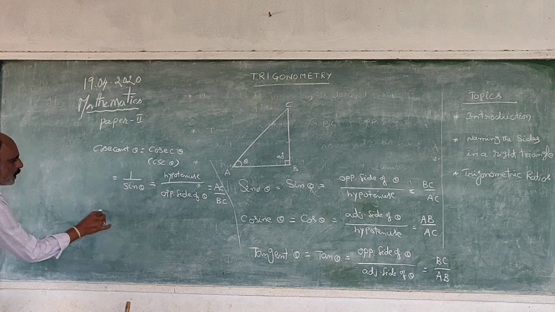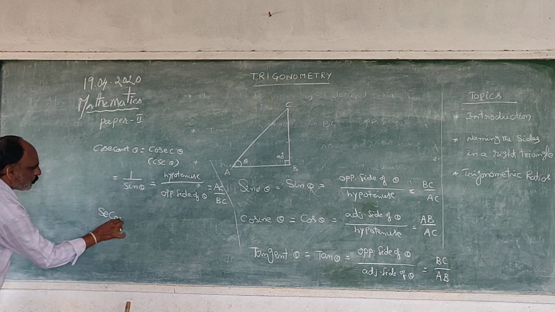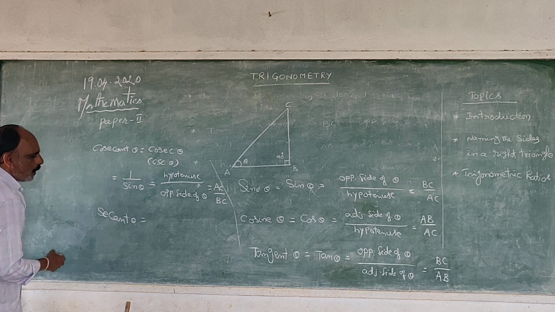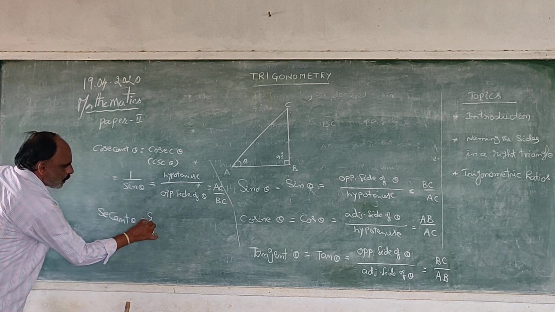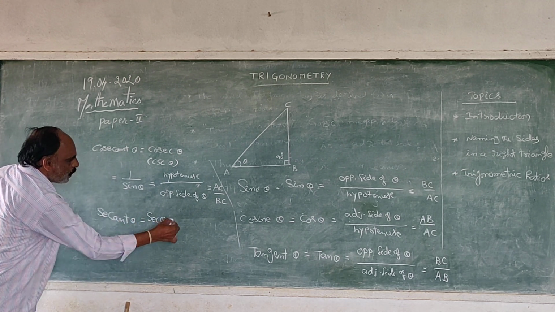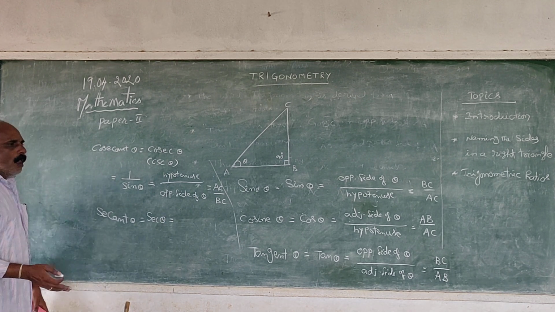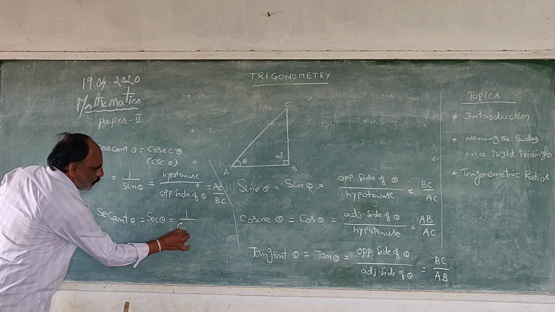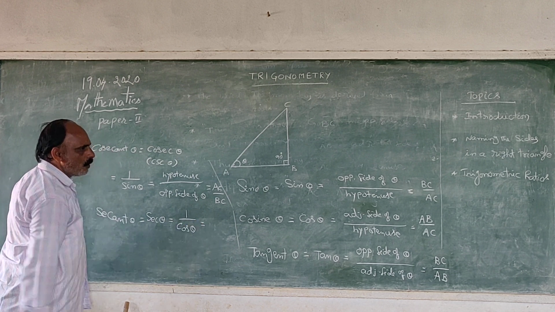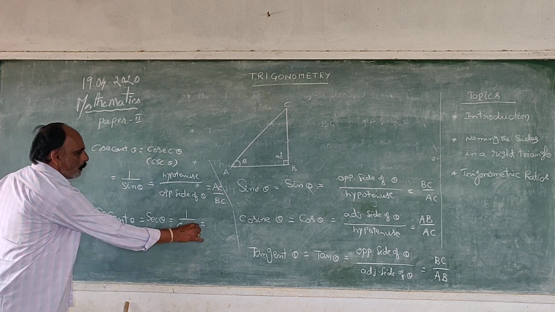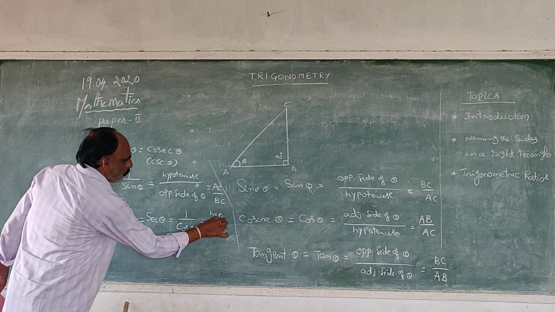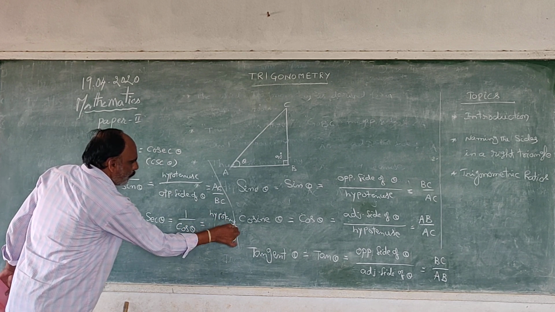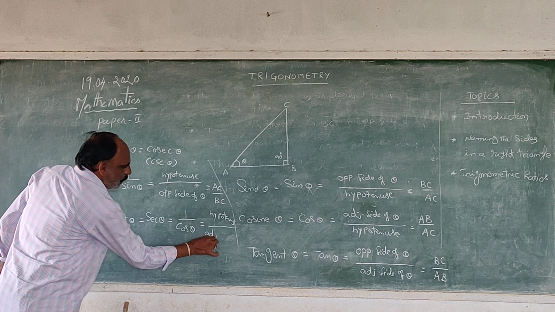And fifth one, secant theta, is briefly written with the first three letters, sec theta, that is equal to the multiple inverse of cos theta. So 1 by cos theta, that is equal to hypotenuse by adjacent side of theta.